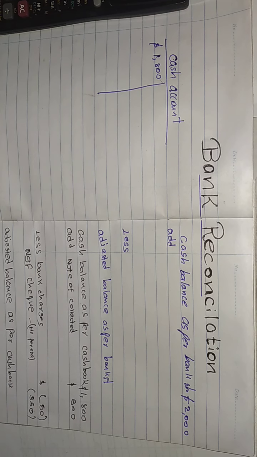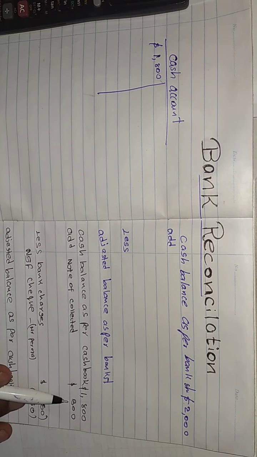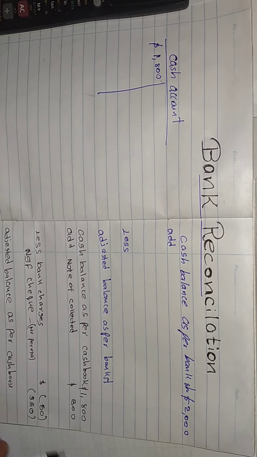We are going to reduce our general ledger cash account by those two charges, and also we are going to increase it by the note collected from one of our customers.